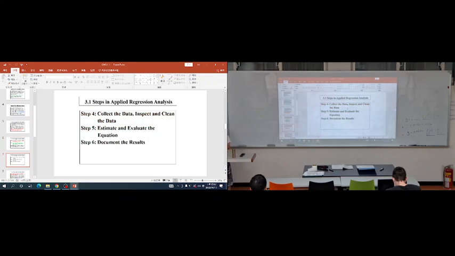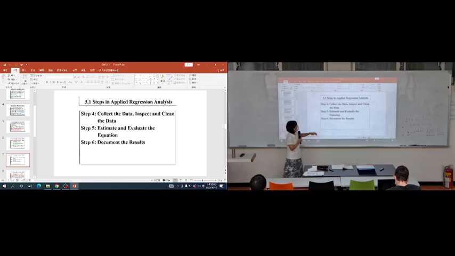So step 4 will be to collect the data, and inspect and clean the data. After you collect the data, you need to inspect the data and also clean the data if there's something wrong with it.